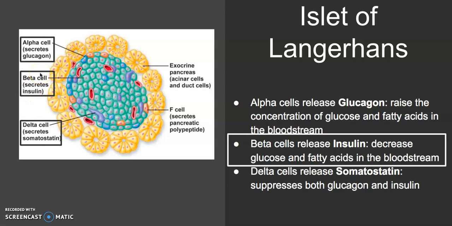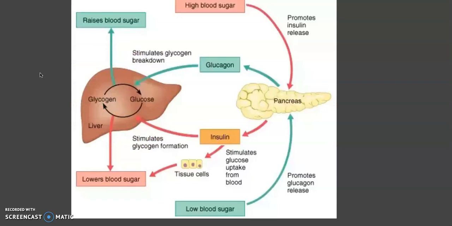So insulin goes out from the pancreas into the bloodstream and then has several different roles in the body, which we'll discuss. But it goes out from the pancreas into the bloodstream, which is why it's a hormone and governs endocrine function.